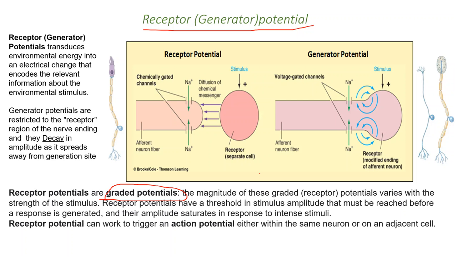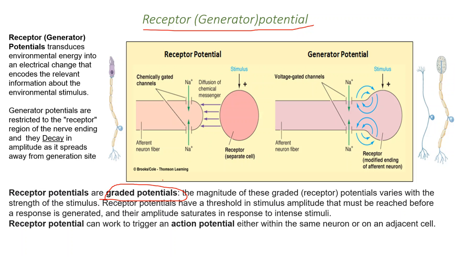Their magnitude varies with the strength of the stimulus, and of course there is a threshold in stimulus amplitude that needs to be reached before a response in terms of action potential is generated. And the amplitude of the receptor or generator potential saturates in response to intense stimuli.